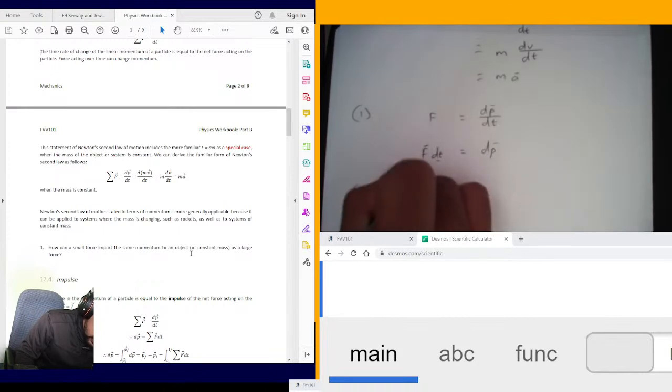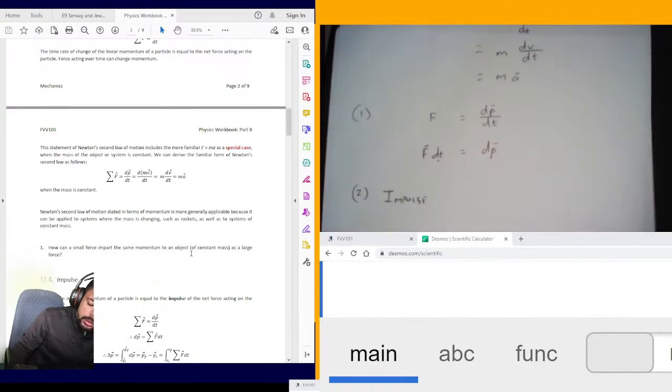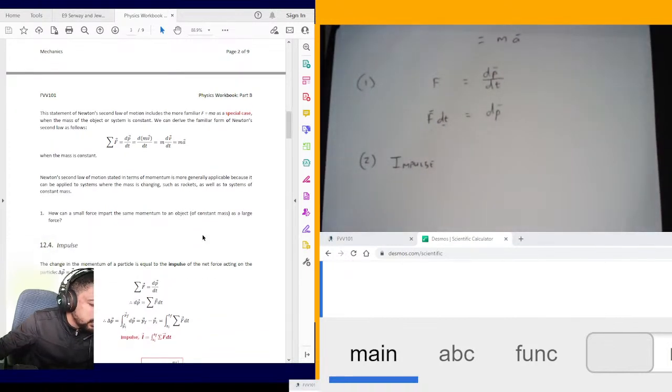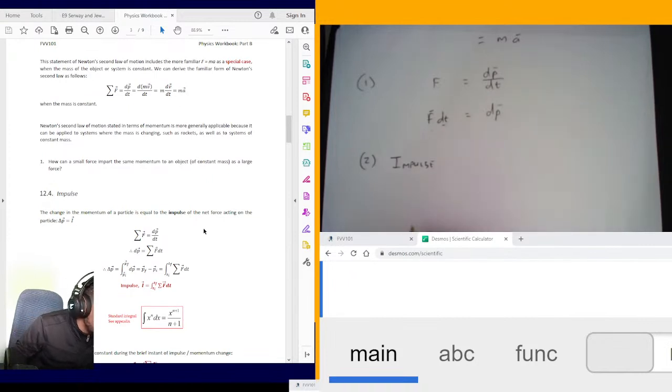It's basically rewriting the change in momentum. All it says here is that the change in momentum is equal to the impulse.